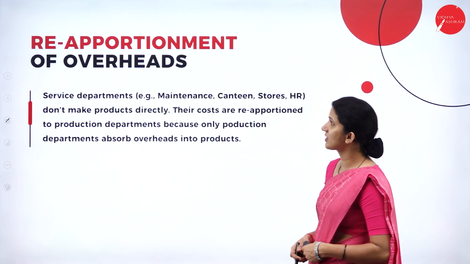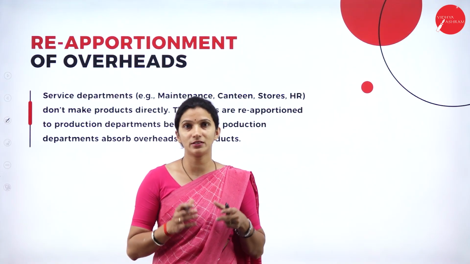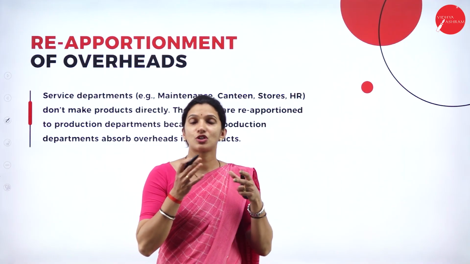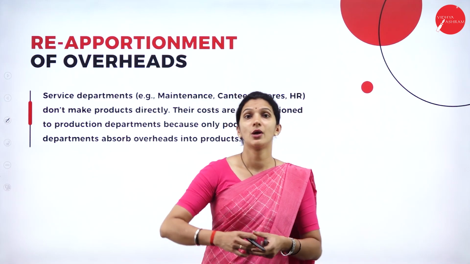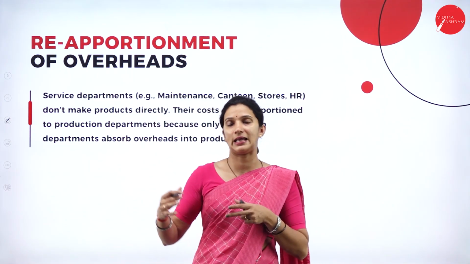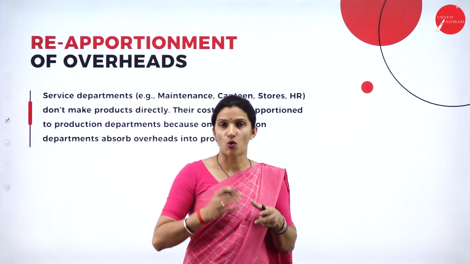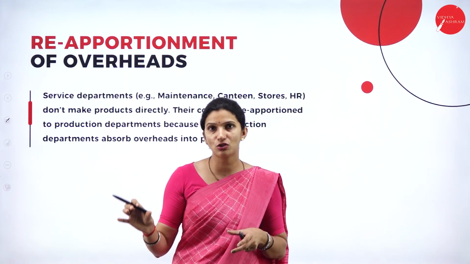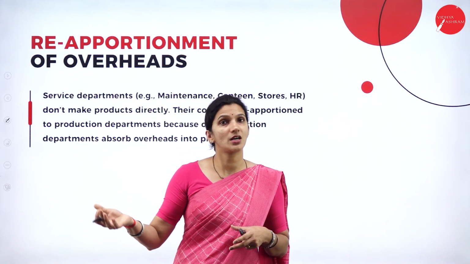Here we'll see what reapportionment of overheads is. Usually in a factory, there will be a production department as well as service departments. The production department is completely involved in the production of a product, whereas the service department doesn't do any production work, but helps the production department with manufacturing. The costs incurred for the service department are costs incurred while making a product, which is the service cost.